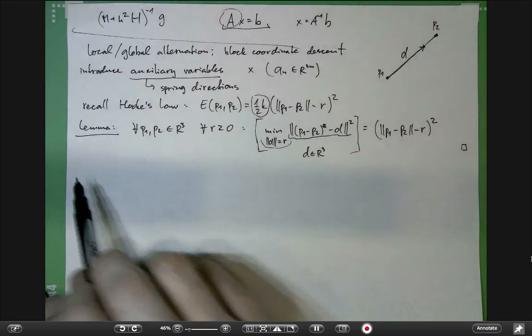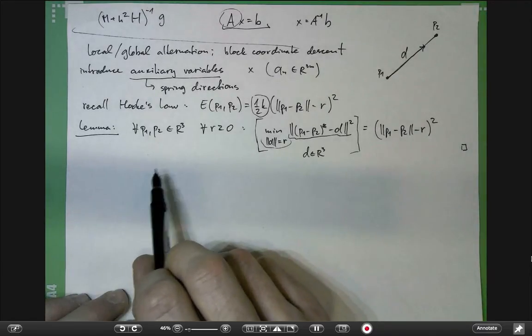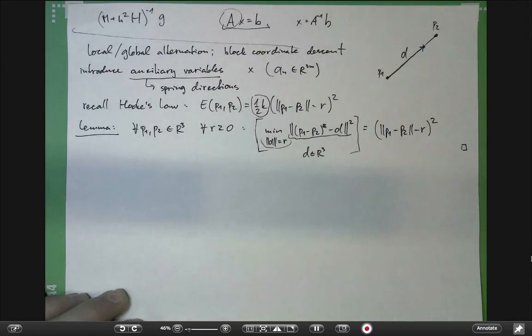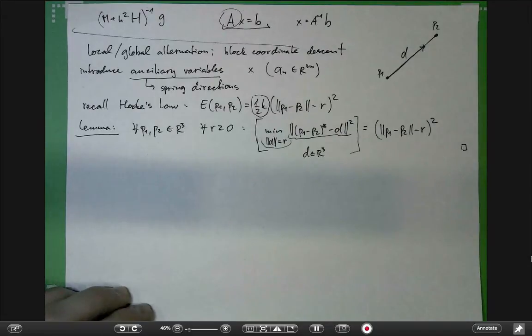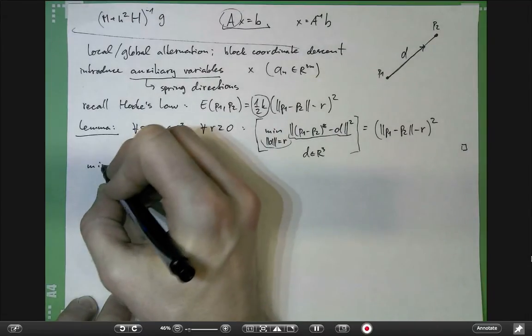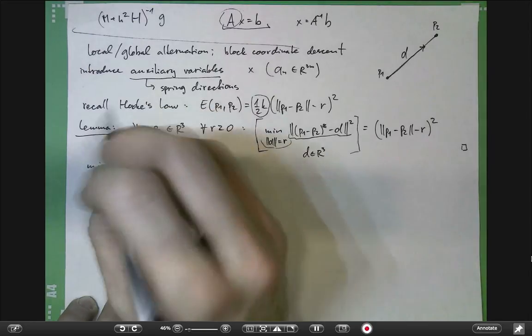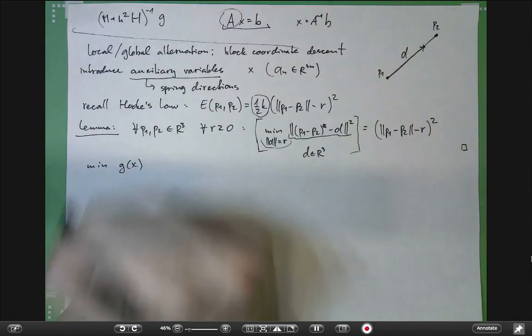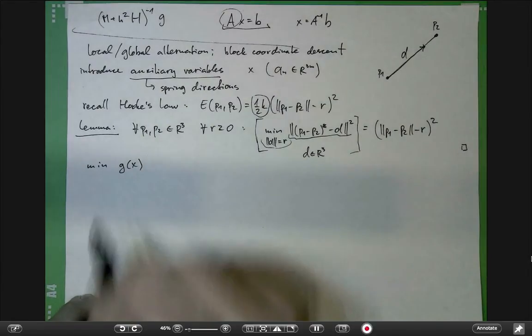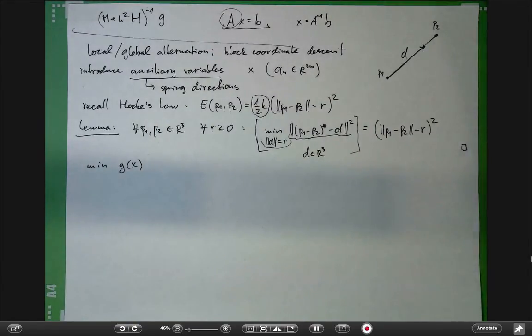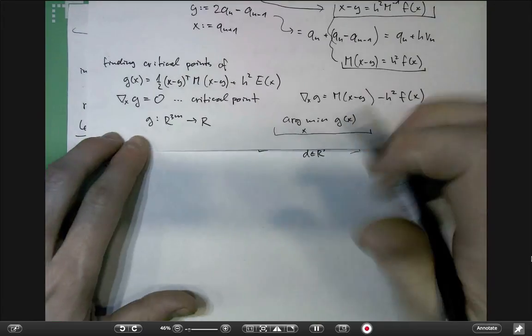I just wanted to explain to you how this helps in solving the implicit Euler time step, right? So the problem of solving the implicit Euler time step is equivalent to minimizing, I will just forget about the constant, let's just write we are minimizing g(x), where g(x), let's remind ourselves, is this function, right?